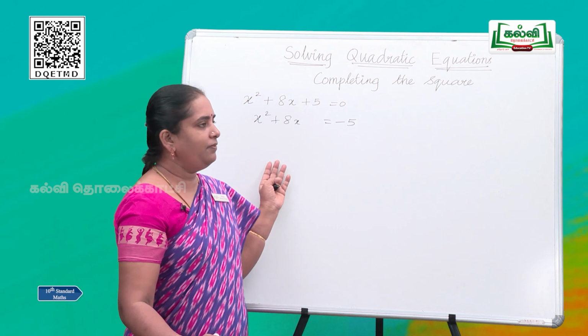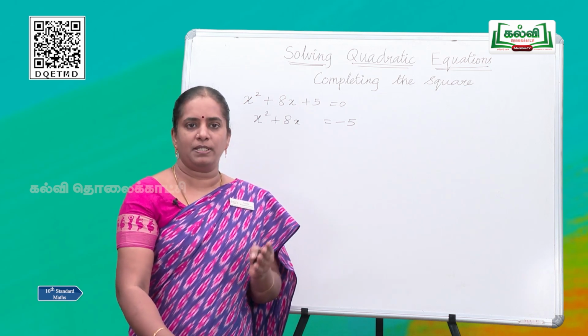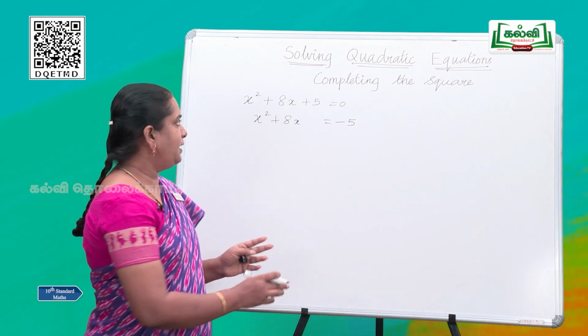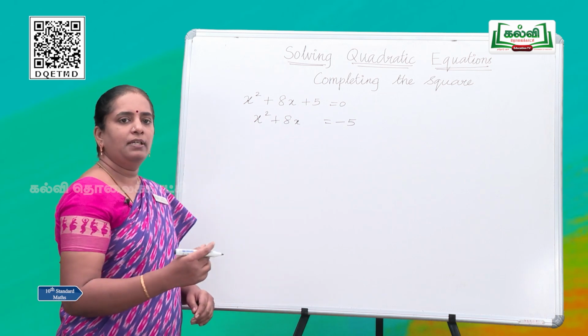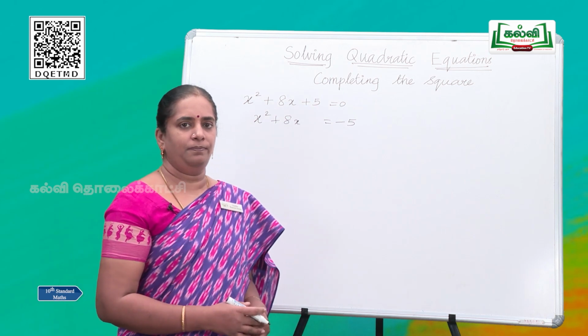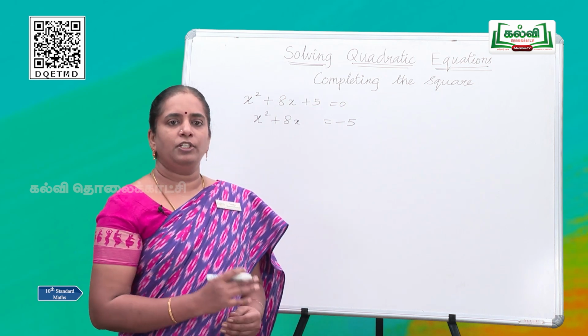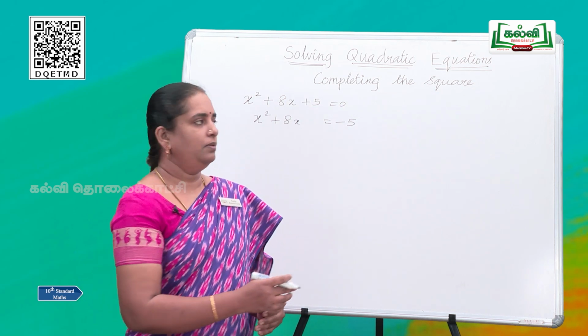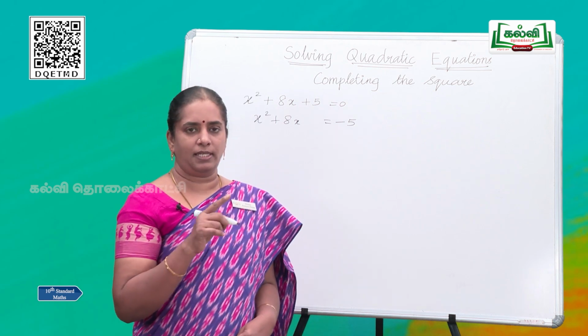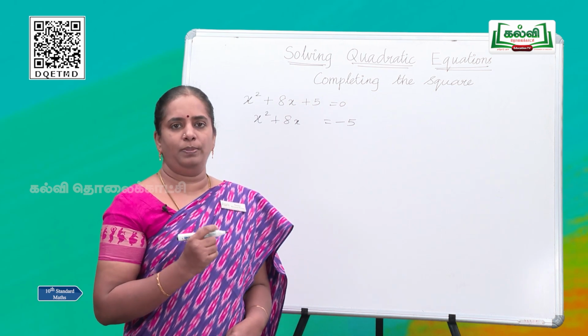So, on the left side we are going to arrive at the a plus b the whole square form. For that we have x square, which is represented as a square, and here 8x. So, 8x should be equated to 2ab. The coefficient of x, which is 8, is named as 2b.